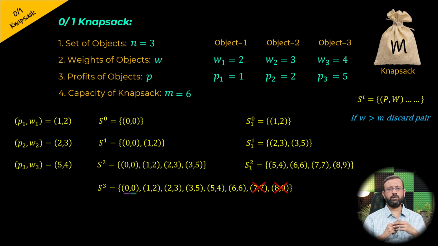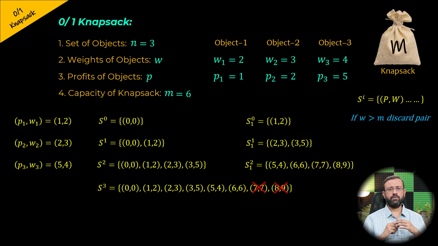Then we need to compare the next two pairs, that is the pair 1, 2 and 2, 3. The profit of the pair 1, 2 is 1 and the profit of the pair 2, 3 is 2. So the profit is increasing as well as the weight of the pair 1, 2 is 2 and the weight of the pair 2, 3 is 3. So even the weight is increasing. Therefore the pair 1, 2 is part of the set S3.